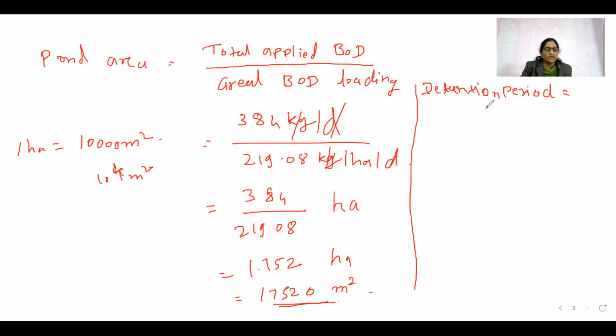For finding the detention period, we have seen the formula. Who will tell me that formula? I asked you guys to note down that formula.